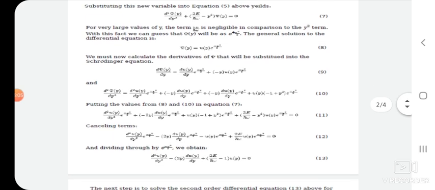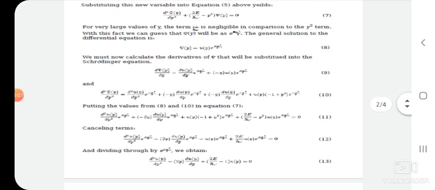Again differentiating equation 9, we get dou square psi of y by dou y square is equal to dou square u of y by dou y square e to the power of minus y square by 2 plus minus y dou u of y by dou y e to the power of minus y square by 2, plus minus y dou u of y by dou y e to the power of minus y square by 2, plus u of y into minus 1 plus y square into e to the power of minus y square by 2.